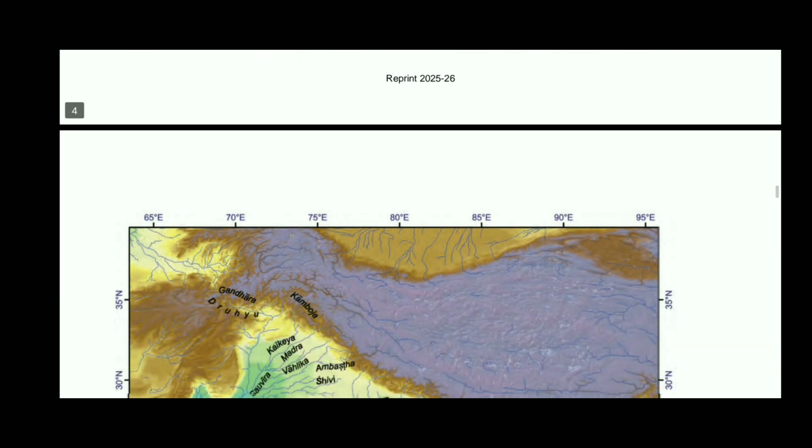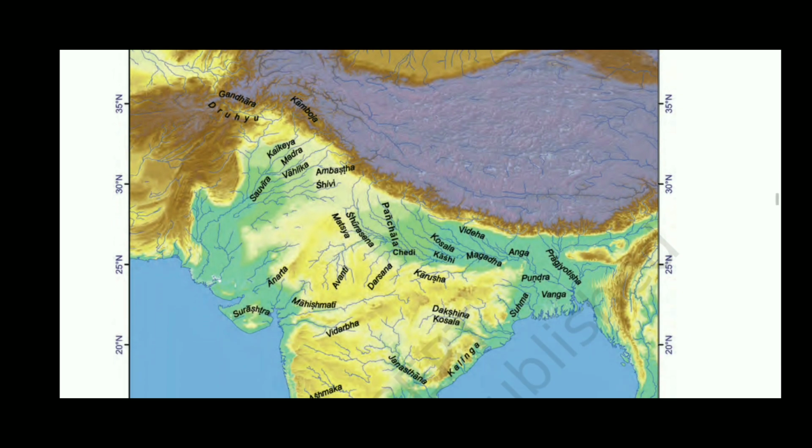There is a map which shows different areas where people used to stay. Some are Mahajanpadas also.